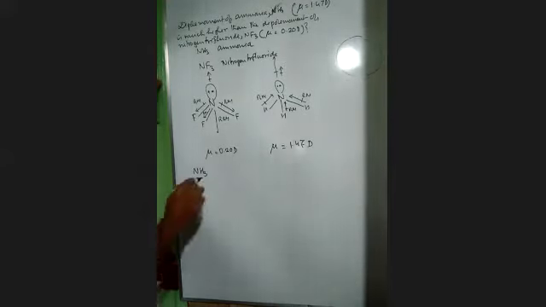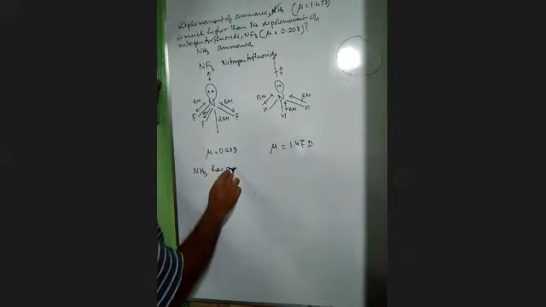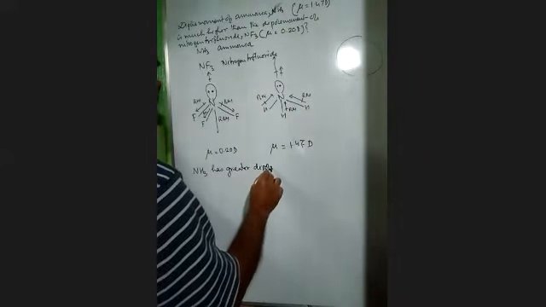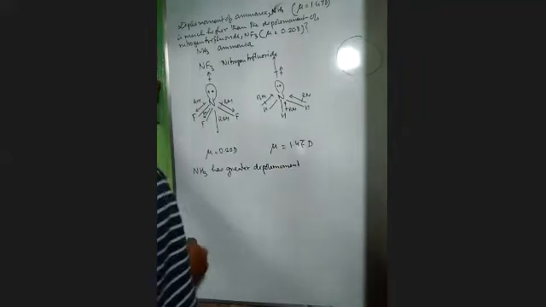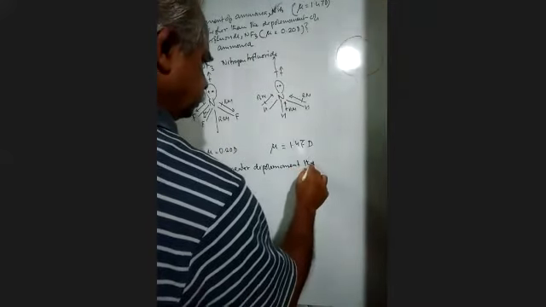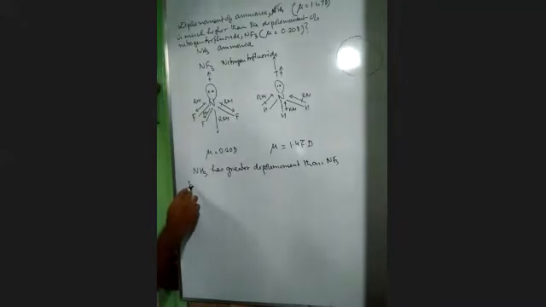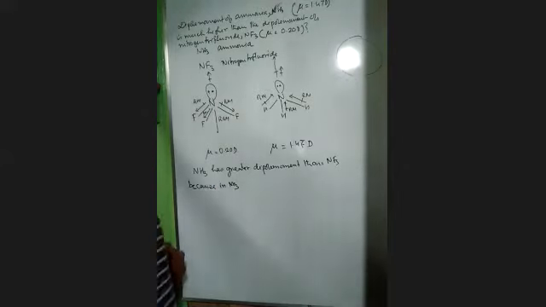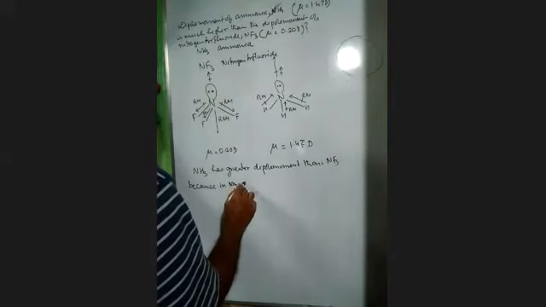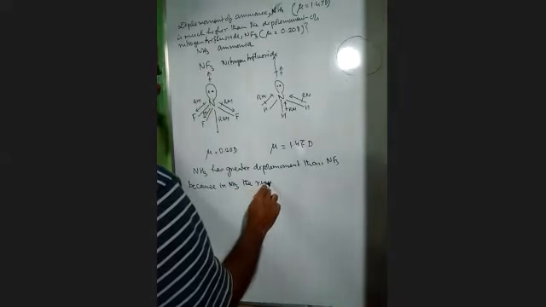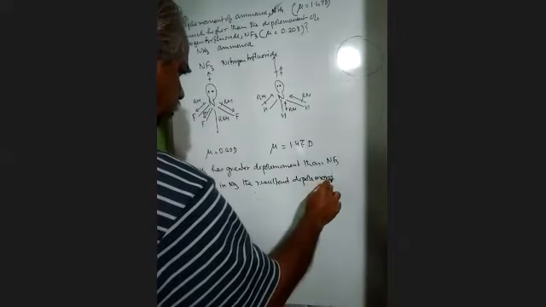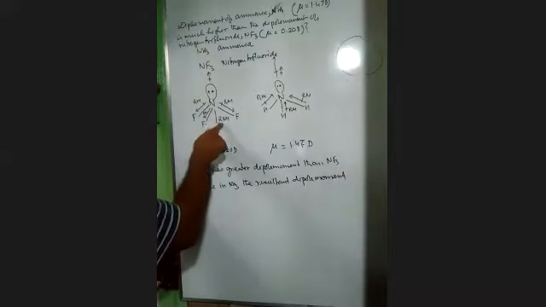Ammonia has greater dipole moment than NF3 because in ammonia the resultant dipole moment. See, in the exam, if this question comes, don't write RBM.